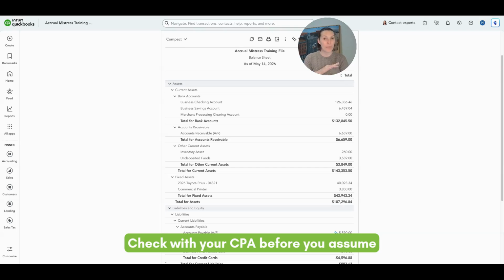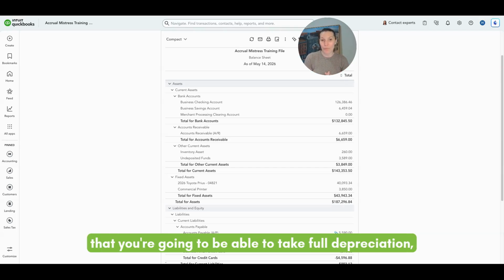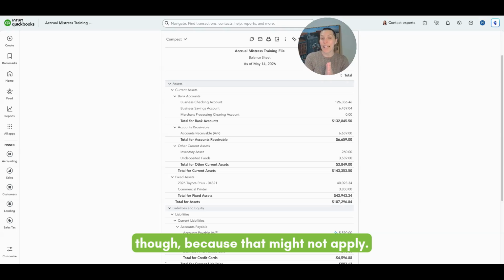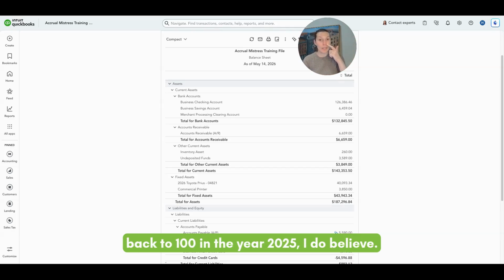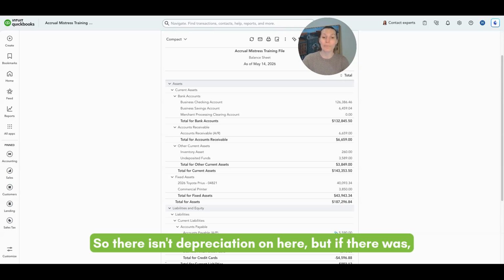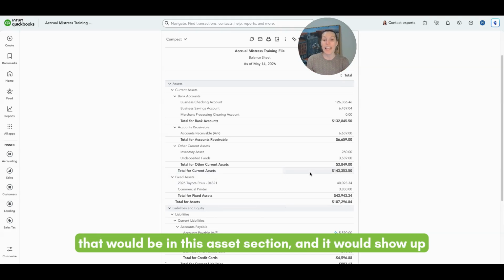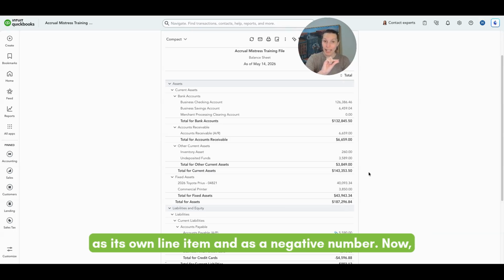Check with your CPA before you assume that you're going to be able to take full depreciation though, because that might not apply. It was starting to be tapered down, and then it actually shot back to 100% in the year 2025, I do believe. So there isn't depreciation on here, but if there was, that would be in this asset section, and it would show up as its own line item and as a negative number.